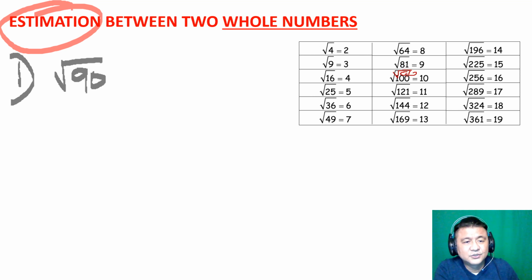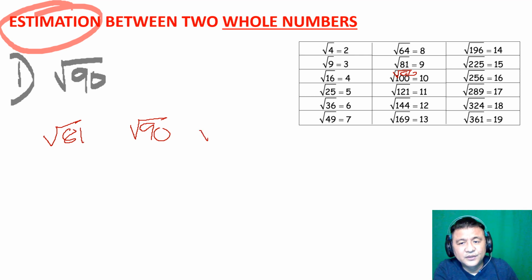See that? So the square root of 90 is between the square root of 81 and the square root of 100. Can you see that? I just wrote it down. So you could write the symbol: the square root of 81 is less than the square root of 90, and the square root of 90 is less than the square root of 100.